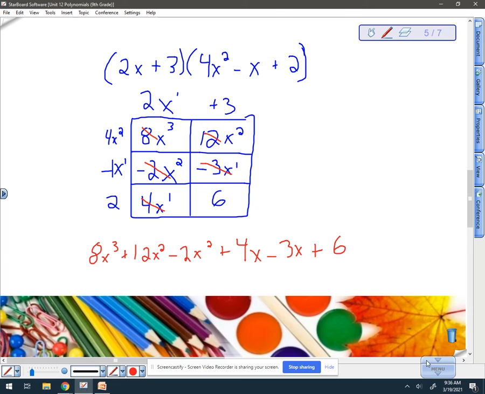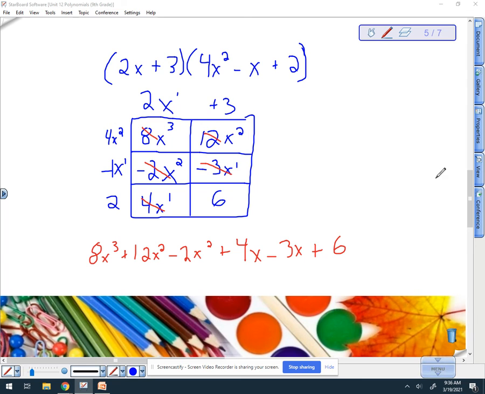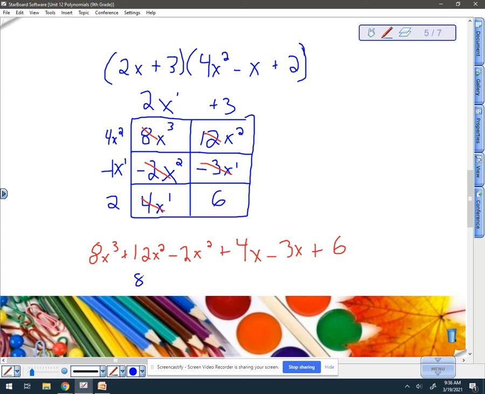And this time you can combine like terms. So what can we combine? 8x to the third. Any other x's to the third? No. So we have 8x to the third. So that's gone. Then we have x to the second, x to the second. So 12 minus 2, 10x to the second.